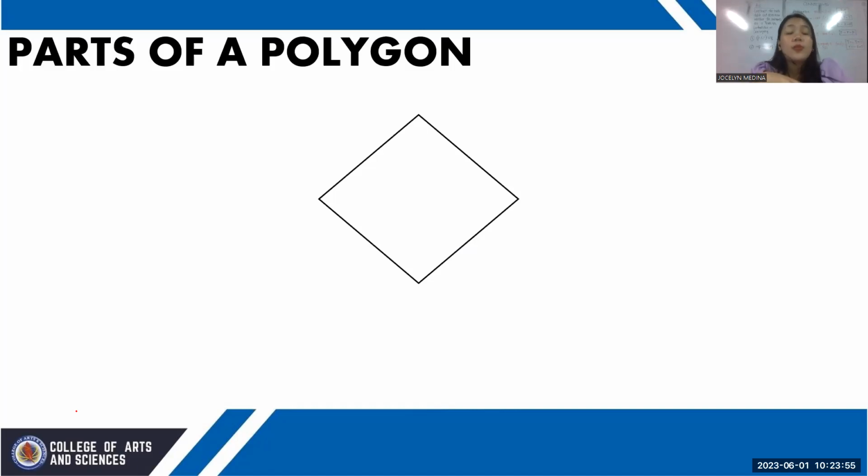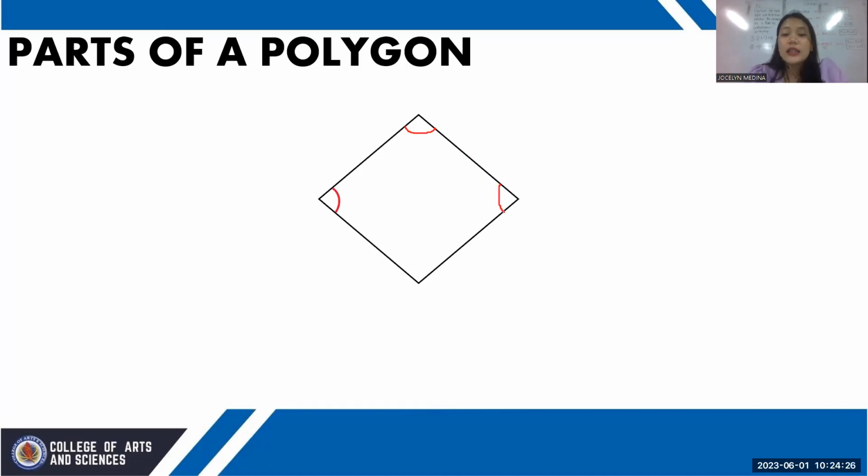Now, when we talk about polygons, of course, it's inevitable for us to also talk about its parts. Parang tayo lang, pag nag-discuss tayo ng human anatomy, expect na i-discuss natin yung parts ng tao. So, ganun din yung ating polygon. Meron din siyang iba't ibang parts, okay? First, let's have your angles. Since this is a closed figure, meron siyang mga angles.